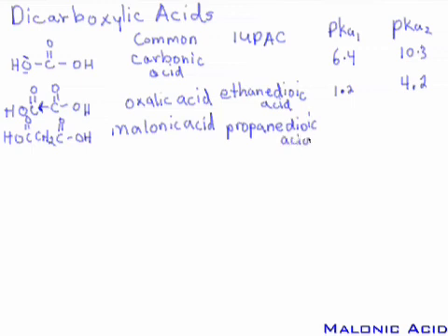Now, if we look at propane dioic acid's pKa values, we notice its first pKa is not quite as acidic as we saw in oxalic. This is consistent with what we've seen happen as you move electronegative groups further away from the carboxylic acid. If we take one of the CO2H's and treat it as an electronegative group, because we're moving it away from the other CO2H, the electronegativity doesn't stabilize the resultant anion as much as it normally does. In the case of malonic, it's further away than oxalic, so the pKa is not quite as low.